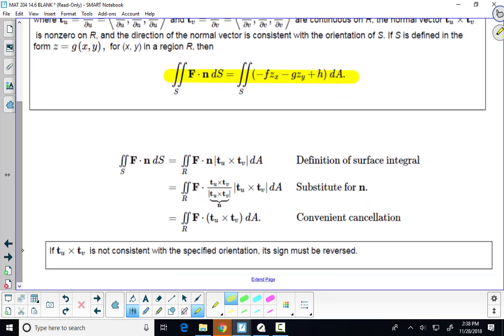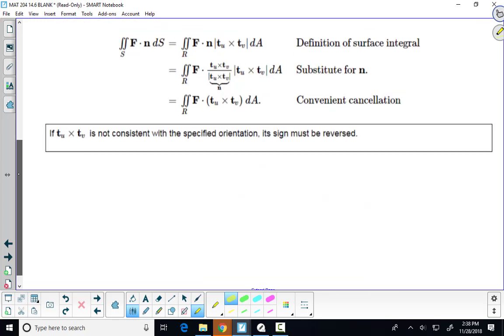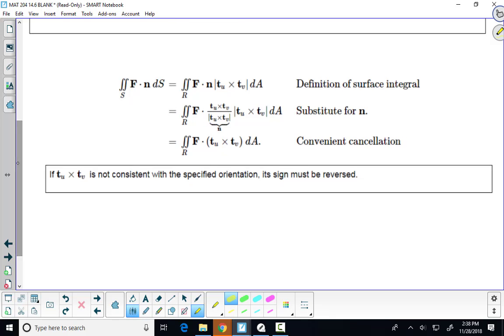Just as proof that this technique of evaluation works, the idea first is that we replace the ds with the length of the normal times dA. We replace the normal vector with a unit normal.